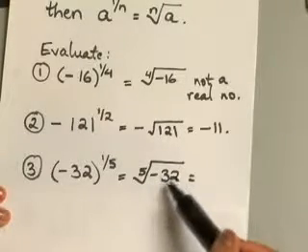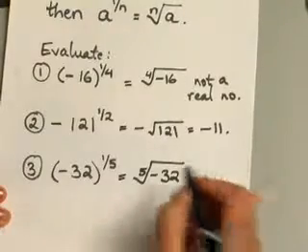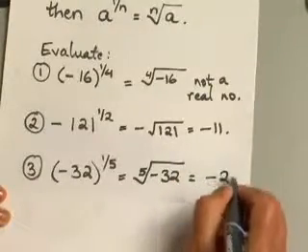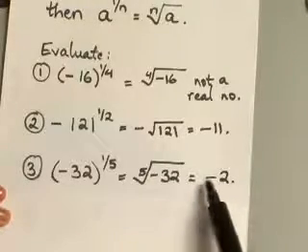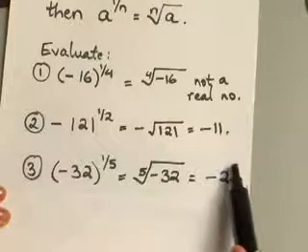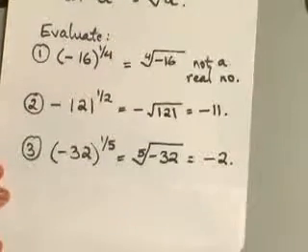So go ahead and find the 5th root of negative 32, and you should end up with negative 2 as your answer. If you want to verify this, take negative 2 and put it to the 5th power and see if you end up with negative 32.